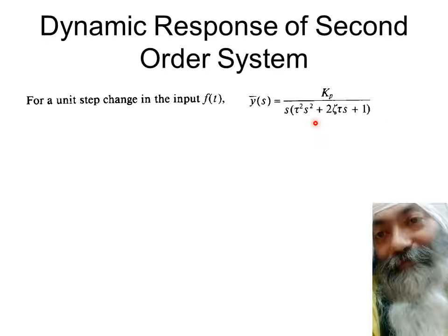Accordingly we have three different types of solutions: the roots may be equal, unequal and real, or imaginary. This is what we have been studying right from the beginning of our mathematics journey. Now we are going to solve this and see what the response is step by step, for this unit step forcing function.